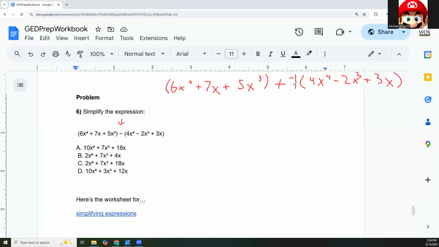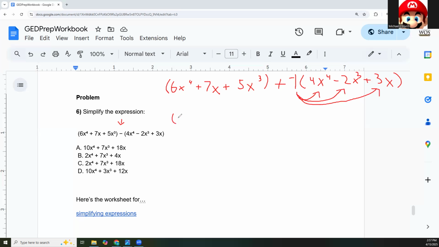Same thing applies to this parentheses, this quantity. It's one of them. So I'm going to write the 1 in because it's going to help me to see that to get rid of this parentheses, I need to multiply this -1 to each of these terms, just like I would distribute any number that was outside the parentheses.